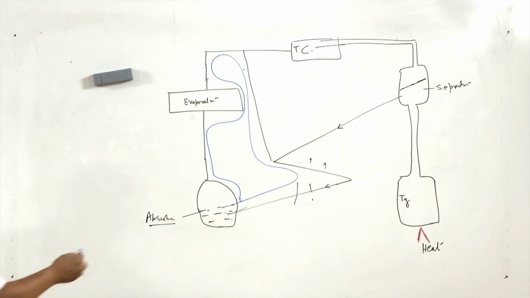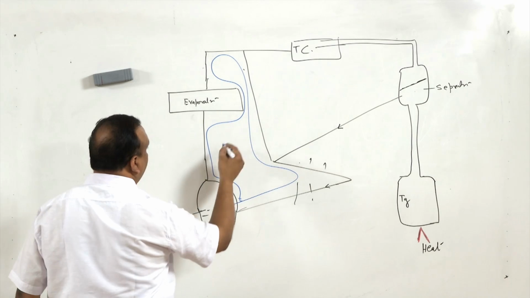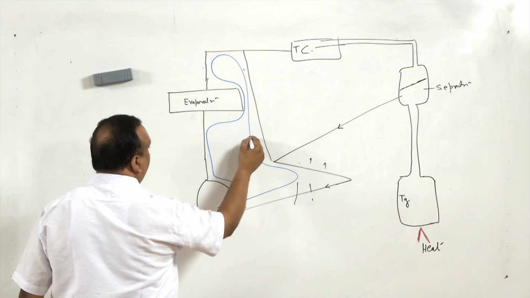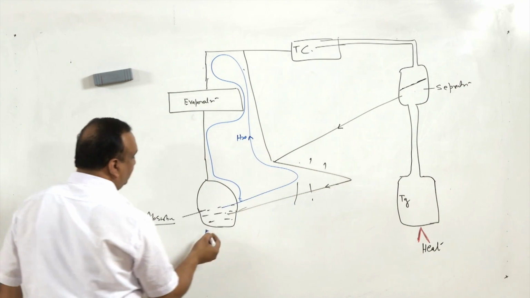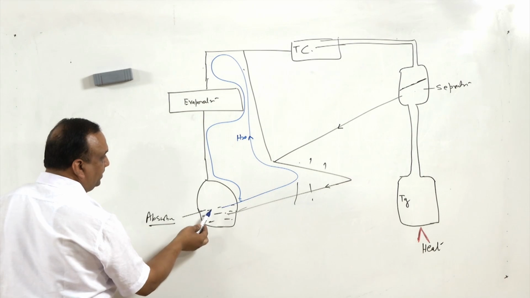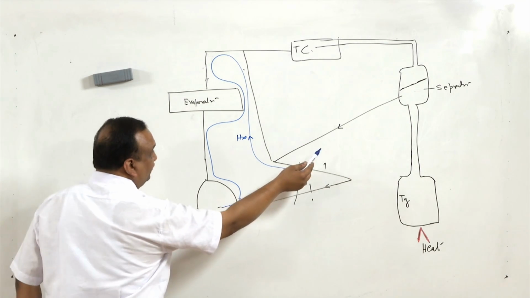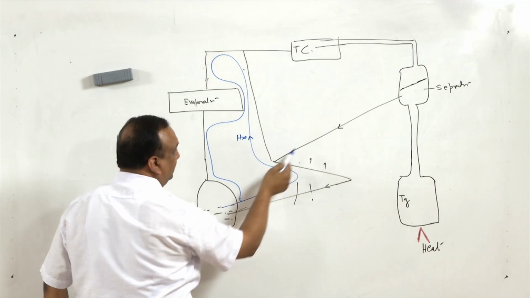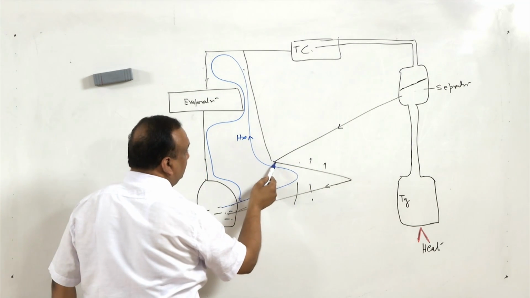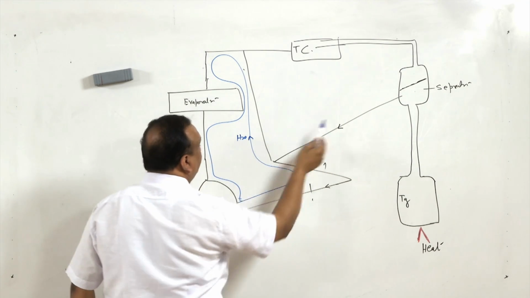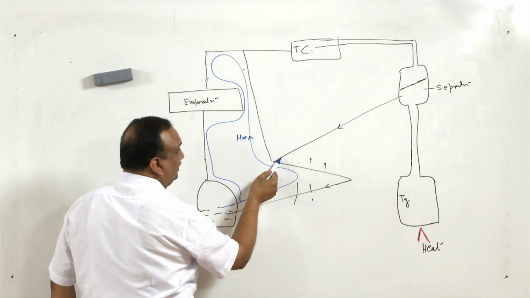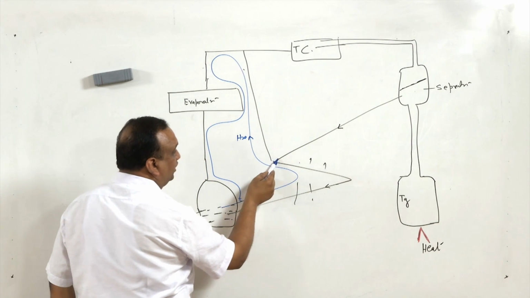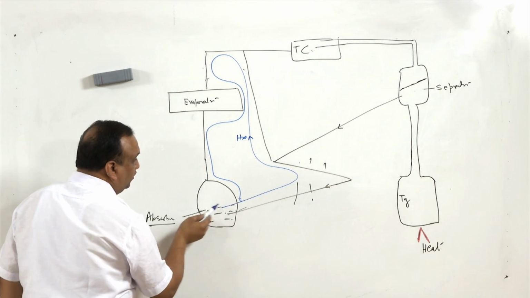So, hydrogen is confined to this area and it is a driving fluid, and so it is liberated here. It takes heat from the weak solution of ammonia in water, and it moves in this direction.